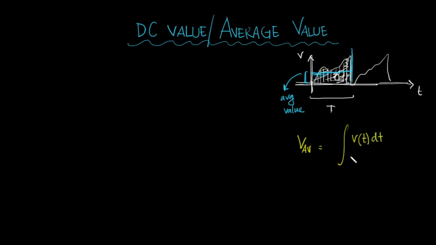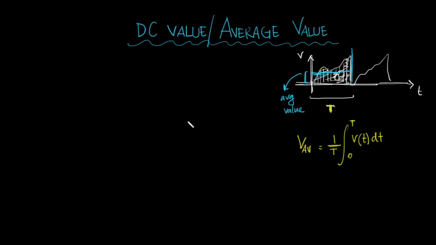The limit of integration will be 0 to one time period T. And to get the average height of that signal, we will divide this number by the time period. I can write it like this, 1 by T. So the average value of a periodic signal is: integrate the signal for one time period and then divide the result by the time period. The result will be our average value.